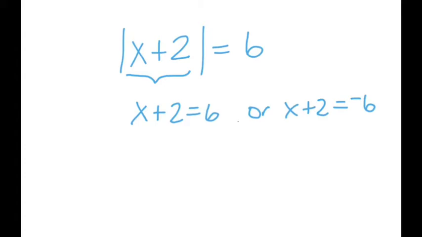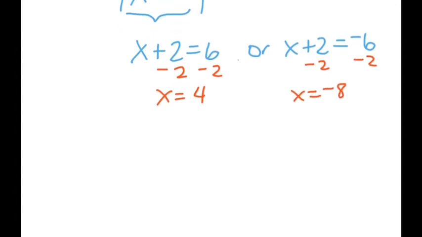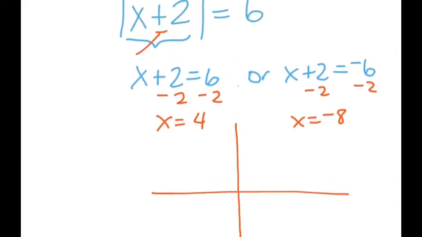So now if we solve these equations, I would solve each one. So I'd get x is equal to positive 4. And then this one, I would get x is equal to negative 8. So what that means is that if I was to graph this, remember that the plus 2 translates our graph to the left 2. So that's where my vertex is.